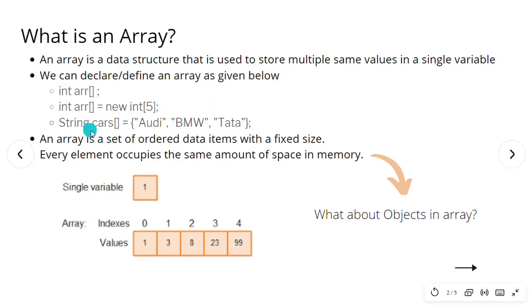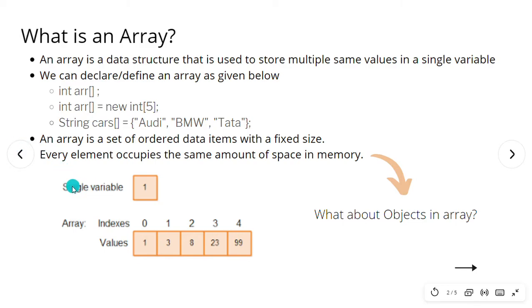For example, in string cars, if I want to add one more value, it won't allow me. So we have to create a new string array of increased size or length and copy all the values into that new array.